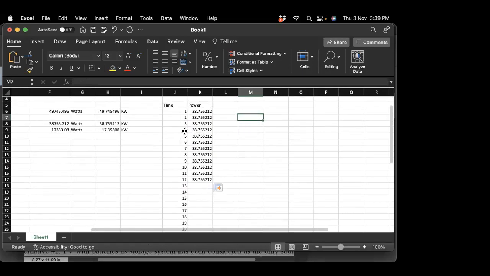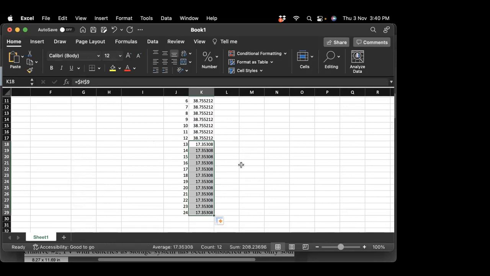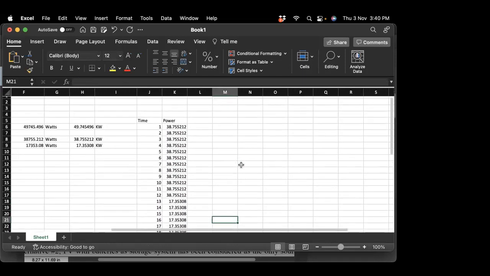So now this is the 12 values here, and the same, let's do it here. So this equals the other 12 values, and let's fix the cells like that. And then we can get something like that.